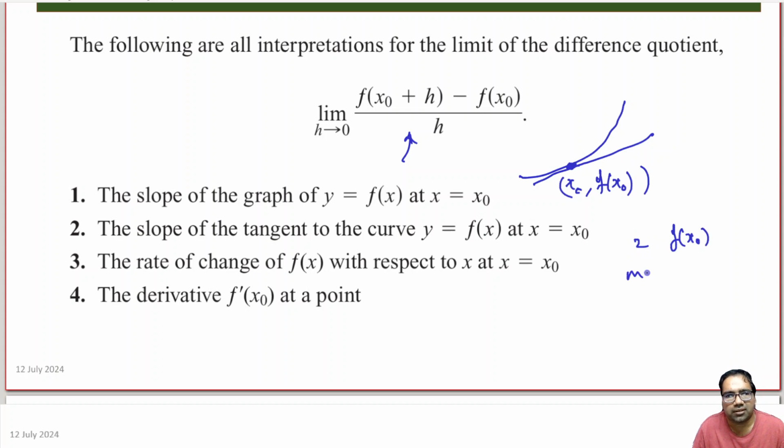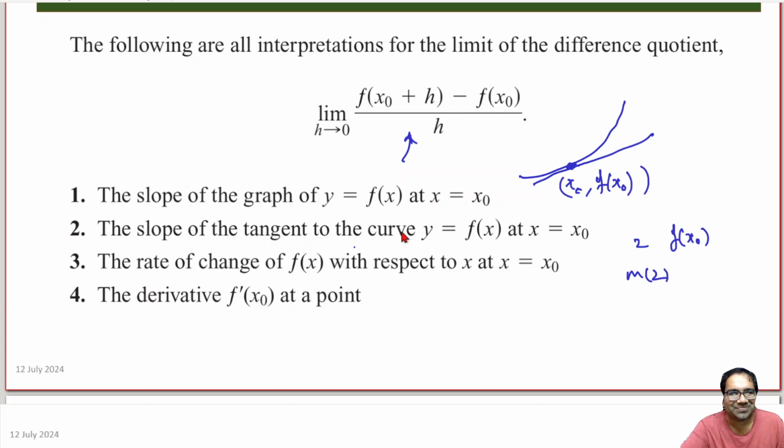This is also called the derivative at a point, which is this x naught. All four actually mean the same: slope of the graph, slope of the tangent, rate of change of f of x with respect to x at this particular point, and the derivative at this particular point.